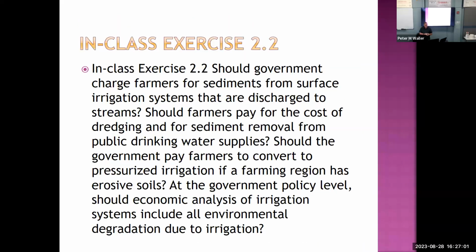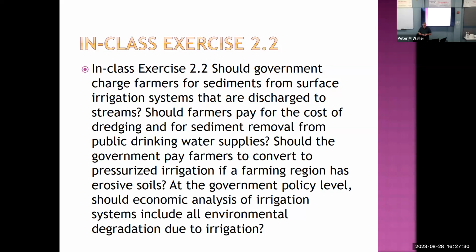Okay, so I'd like you to get together in your groups now and discuss this question. Should government charge farmers for sediments from surface irrigation systems that are discharged to streams? Should farmers pay for the cost of dredging and for sediment removal from public drinking water supplies? And should the government pay farmers to convert to pressurized irrigation if a farming region has erosive soils?